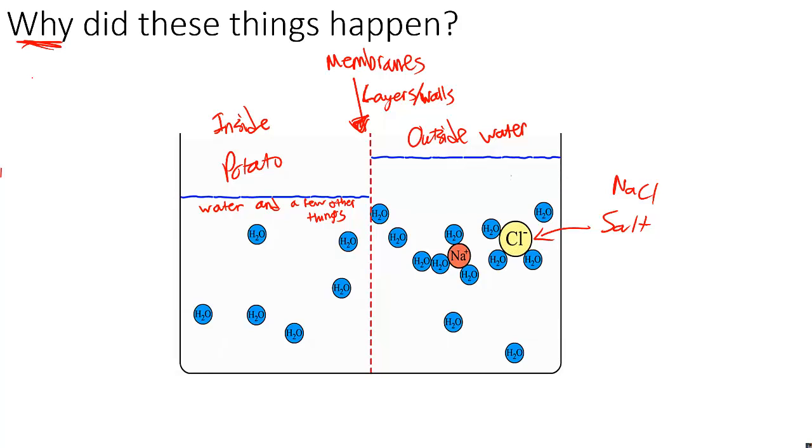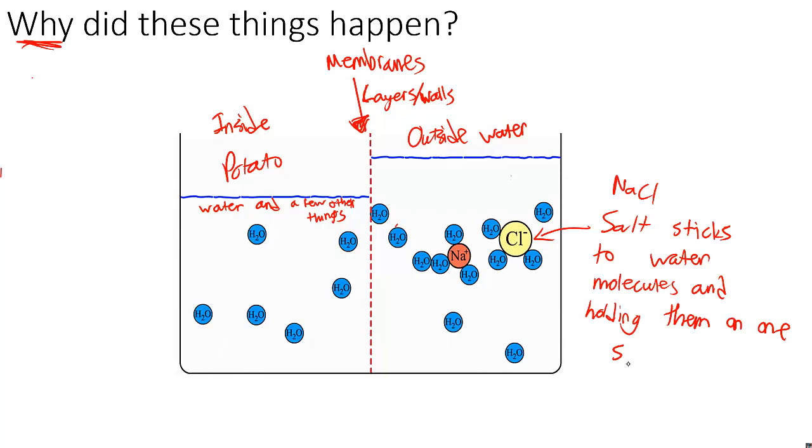So inside the potato, we have some water. And outside the potato, we add some salt. Now notice what the salt is doing here. The salt is sticking to water molecules and holding them on one side. Okay?